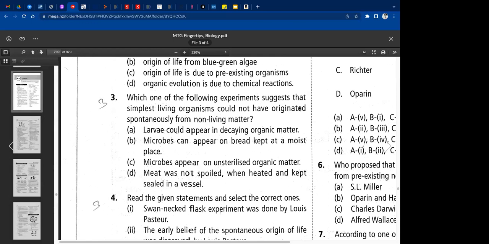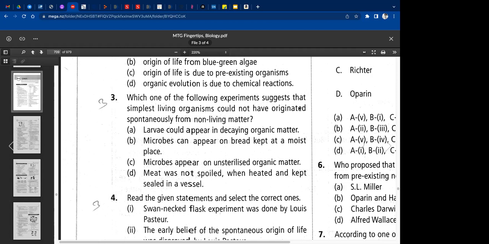And if I now keep it sealed in a vessel, if life could just appear from non-living matter, there is lots of non-living matter still available. There is an airtight container, so life should come.